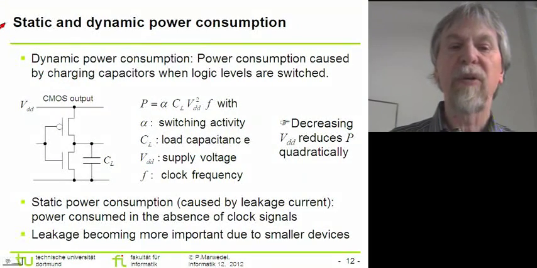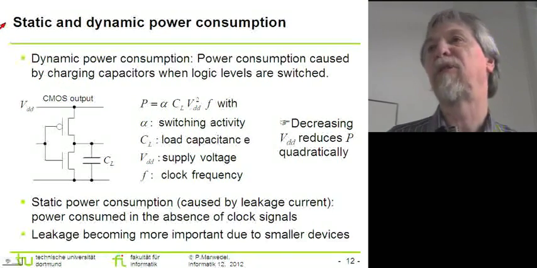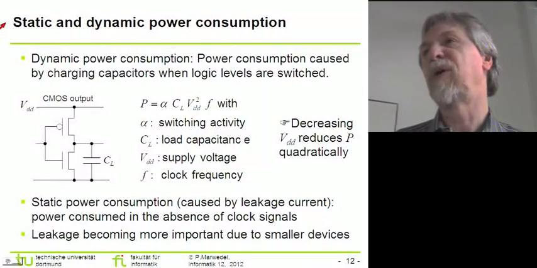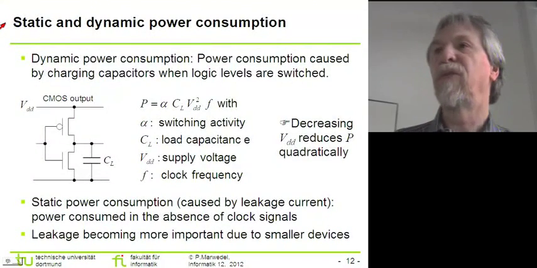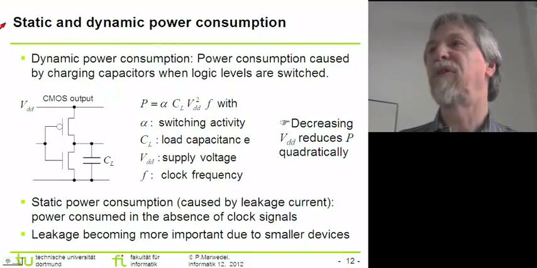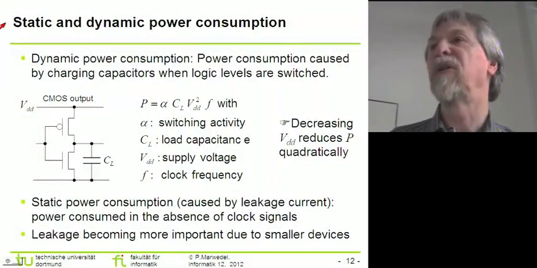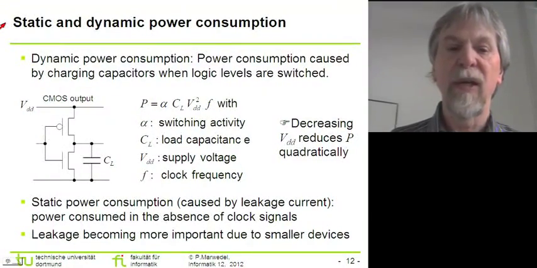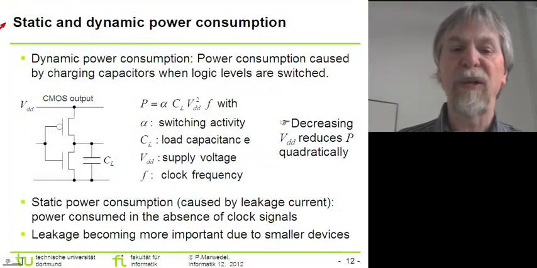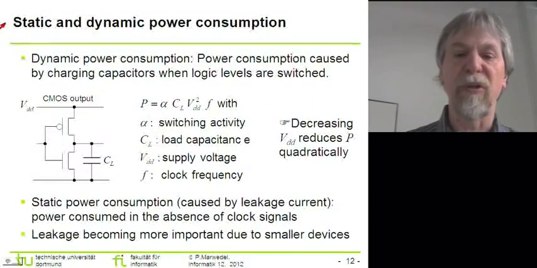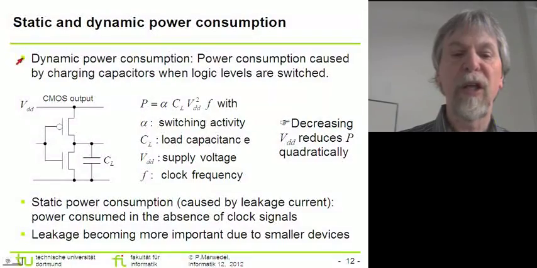When we try to analyze the areas where we are consuming the power a little further, we have to introduce one important distinction which is really needed when you look at the energy consumption. And this is the distinction between the static and the dynamic power consumption. First of all, let me explain the dynamic power consumption.